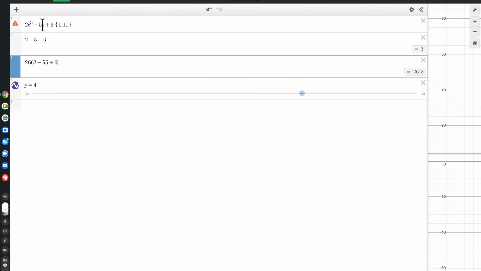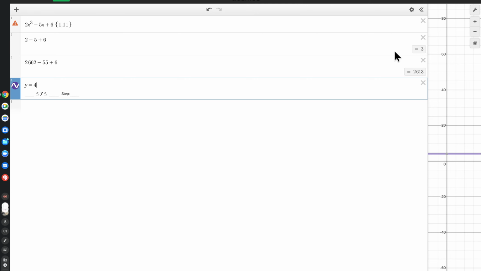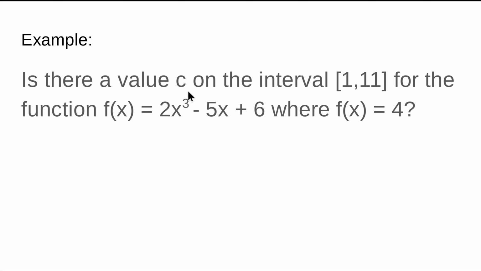Okay, so we get a very large number for that part. But if you noticed, 4 is in between 3 and 2,613. Therefore, this works for IVT. The answer is yes. There is at least one value c. You can't figure out all the values, but you know there's at least one value c on the closed interval 1 to 11 where f of x equals 4.